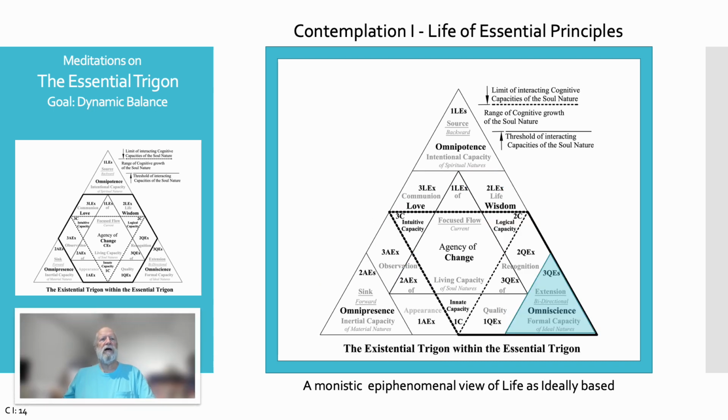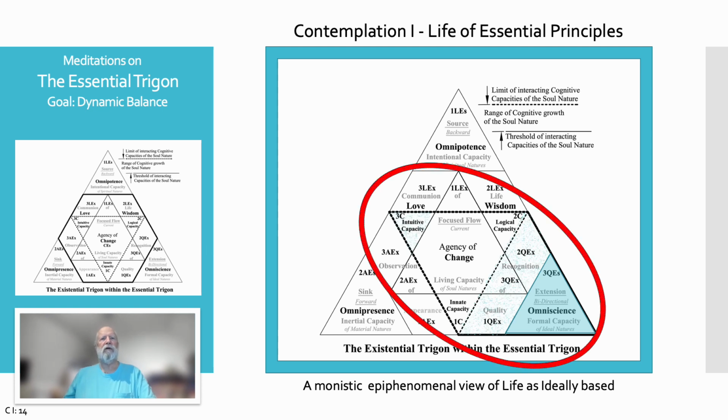The area inside this parallelogram represents a similar idealist perspective with a monist notion of all conscious forms and processes arising from the omniscience of formal mental properties.